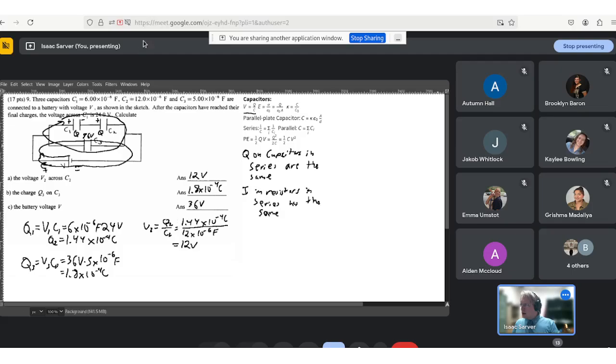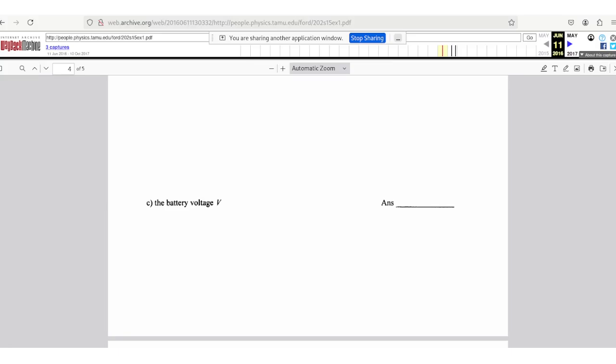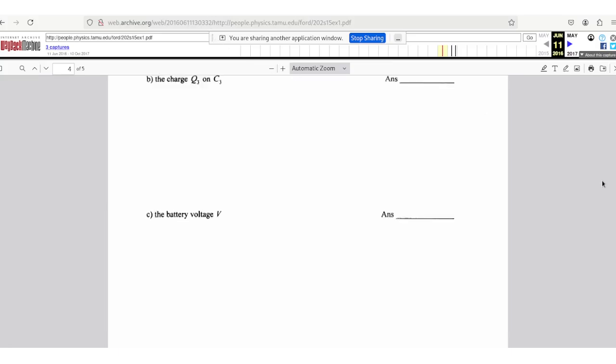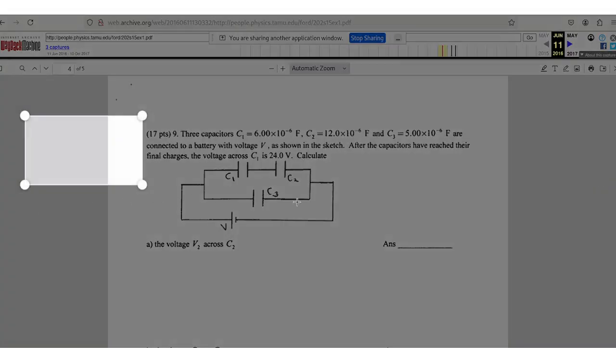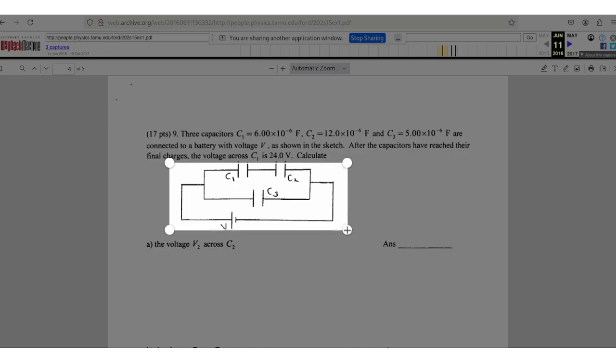Let me go grab the image again. Print screen. Just that bit there. Copy that down.